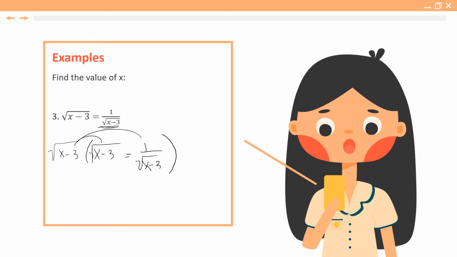A square root multiplied to a square root, we just cancel it out, which would give us x minus 3. And on the other side, when you multiply square root of x minus 3 with 1, you would still get the same answer. So square root of x minus 3 over square root of x minus 3 is 1. Simplify. X is equal to 1 plus 3 and x is equal to 4.